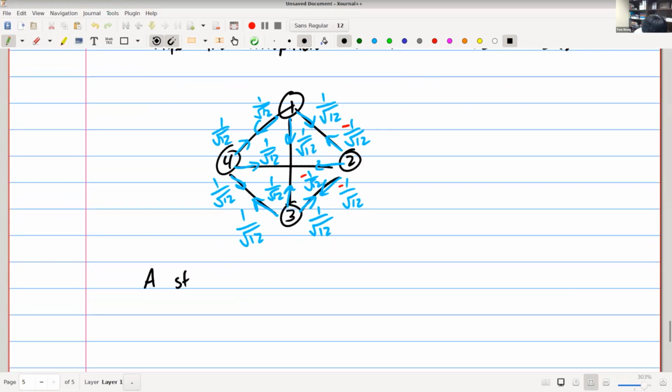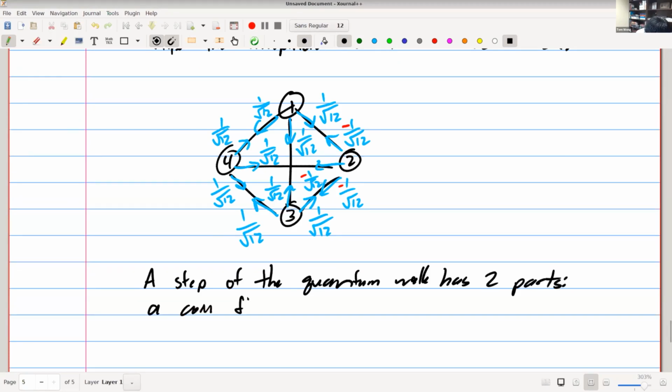A step of the quantum walk has 2 parts. The first part is a coin flip that shuffles the coin directions. Then you hop, or shift. Let me explain how each of these works.